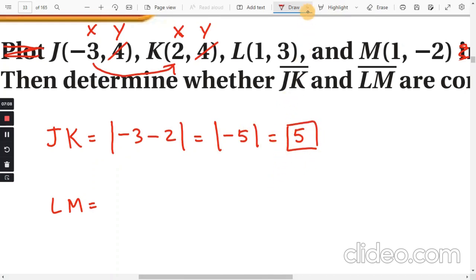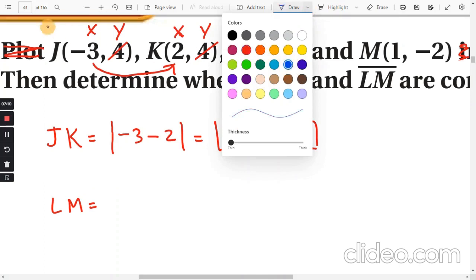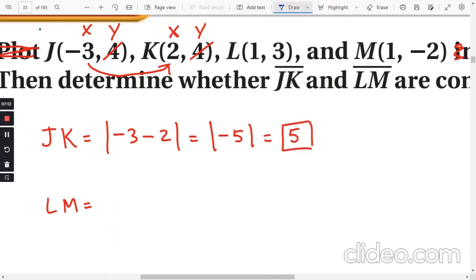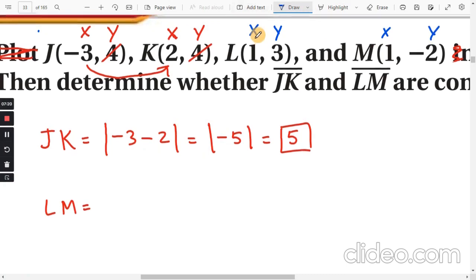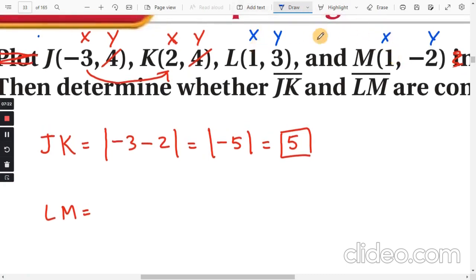Okay, now let's do LM. I'll do it in a different color. For L and M, again, X is first, Y is second. Okay, and we can see both X's are positive 1. So I'm going to ignore the positive 1, and I'm just going to subtract 3 minus negative 2. 3 minus negative 2.